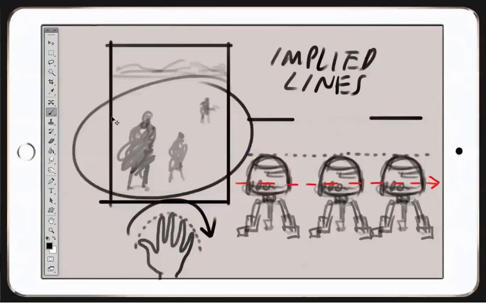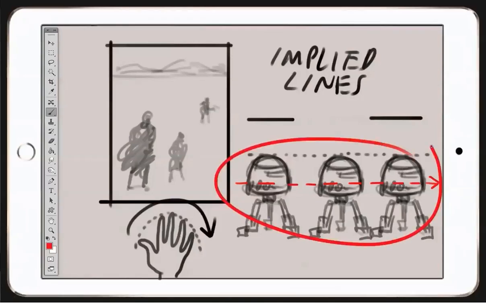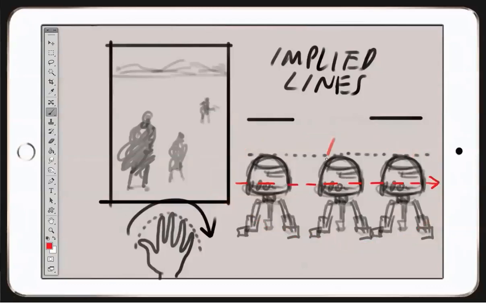These shapes, these figures, form an implied line, an invisible line, just like I showed you over here, with these shapes forming this implied line right there. So the implied line is like this for this rough sketch.